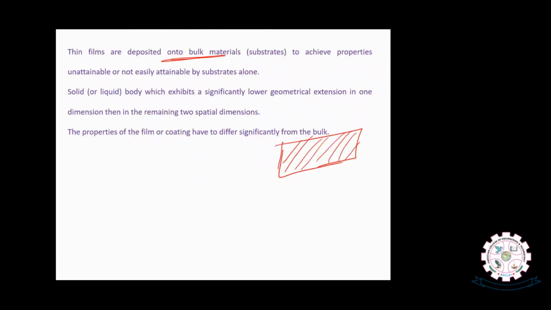Suppose I have a TaO2 substrate. If I use this one bulk substrate, it will not give me a good response. But the moment I put a nano layer of TaO2 on it, this will give me a better performance. That is the advantage of thin film.